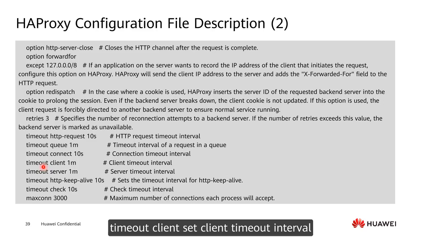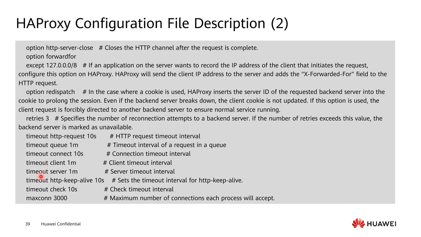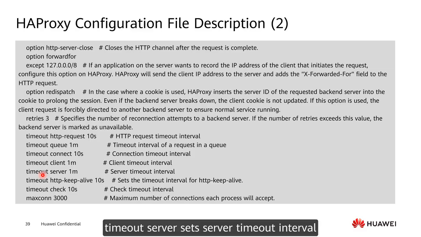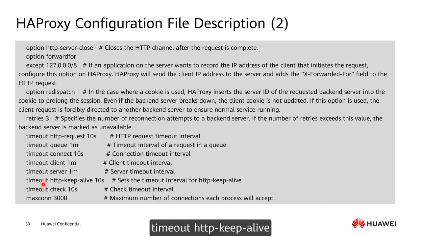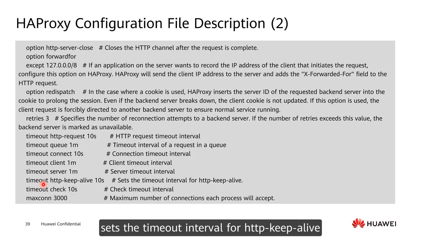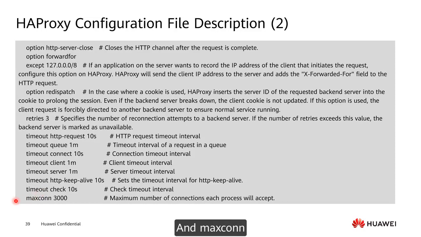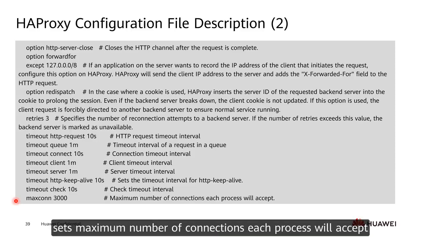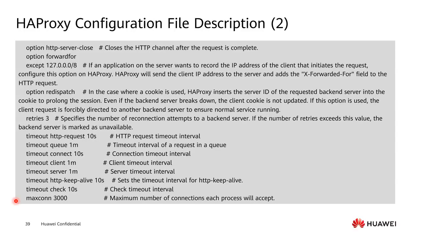Timeout client sets the client timeout interval. Timeout server sets the server timeout interval. Timeout http-keep-alive sets the timeout interval for HTTP keep-alive. Timeout check sets the check timeout interval, and maxconn sets the maximum number of connections each process will accept.